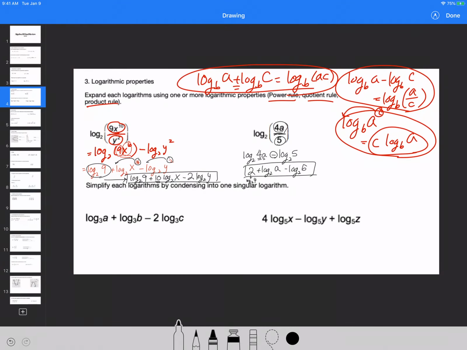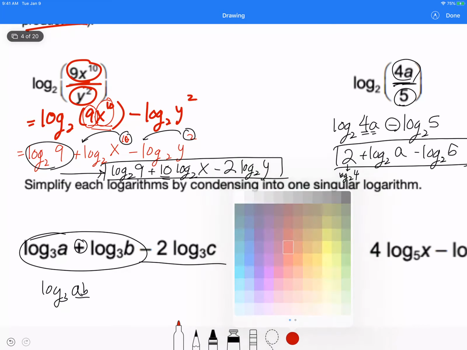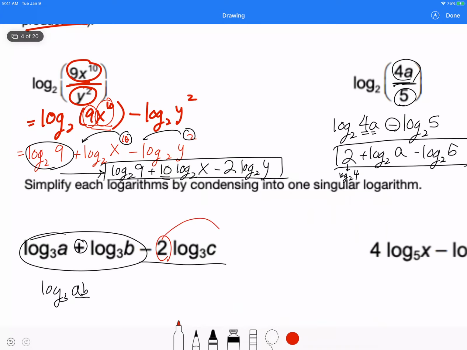All right, next question is, now I'm going backwards where I'm given the elongated version, the separated version, and I'm now trying to put all of them together and combine them. So let's combine these two first together and say log base 3 of a times b, because plus sign means I need to multiply. Then it says minus 2 log base 3 of c. Now, even before we do any product or quotient rule, it might be a good idea to apply the power rule first and make this into a c squared instead.